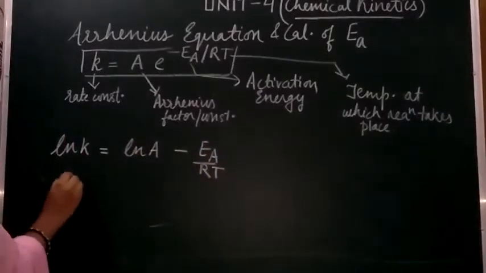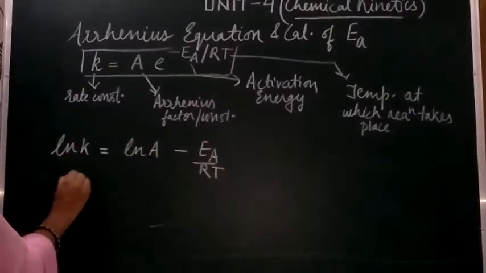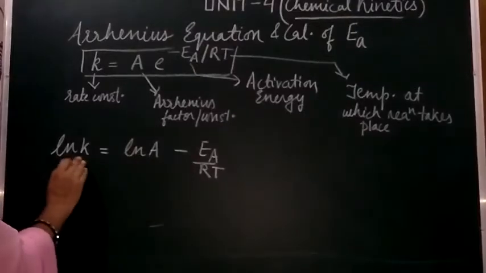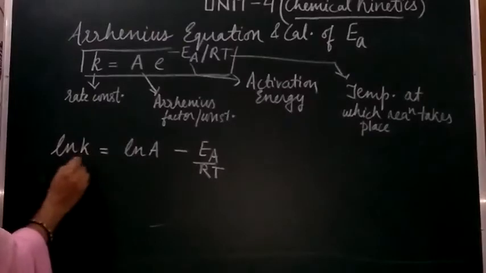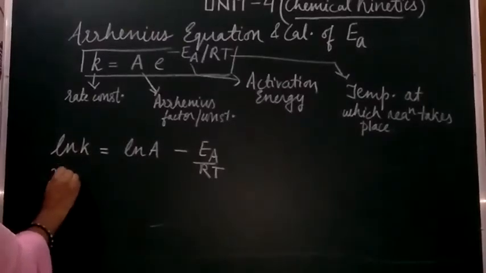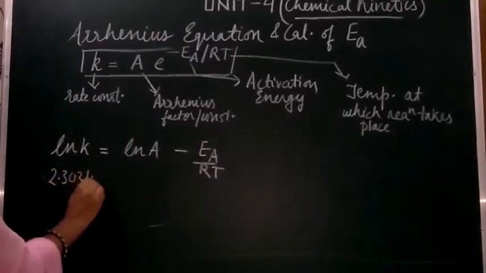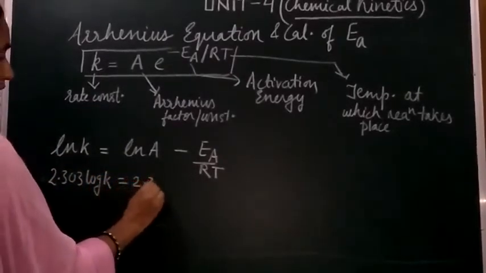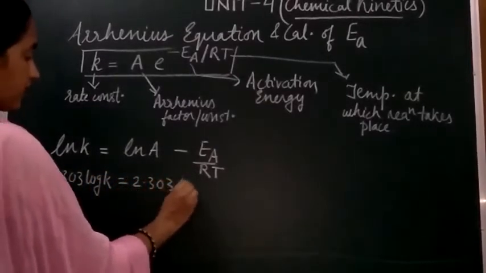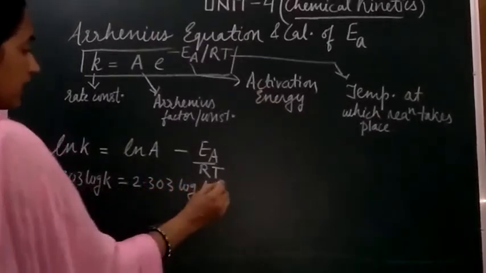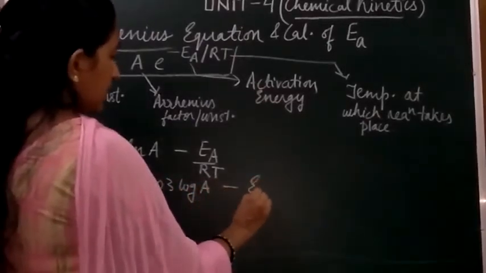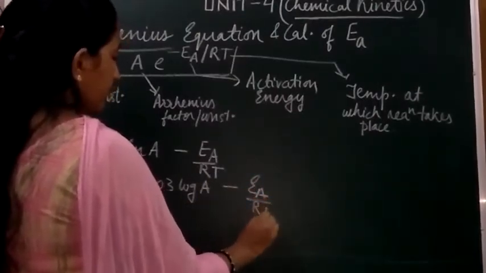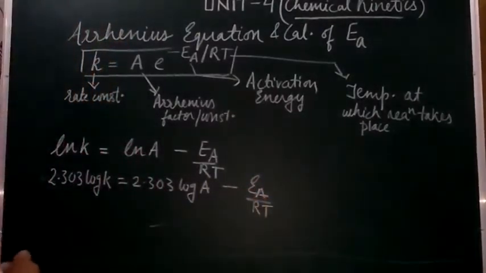Now students, we know that ln x equals 2.303 log x, so we are going to write it in terms of log. So it will become 2.303 log k equals 2.303 log A minus Ea upon RT.